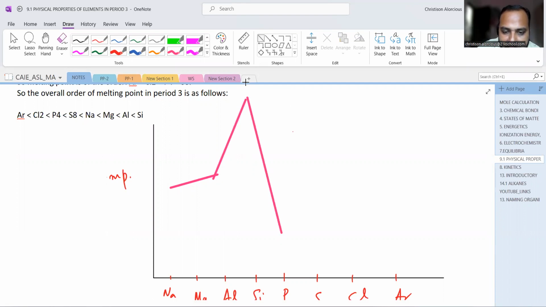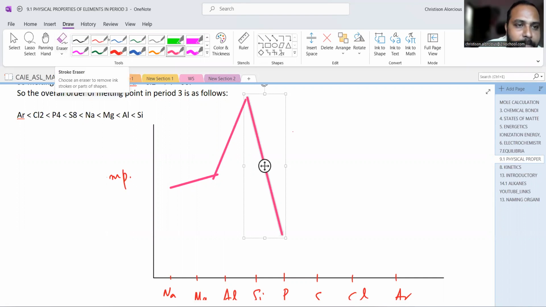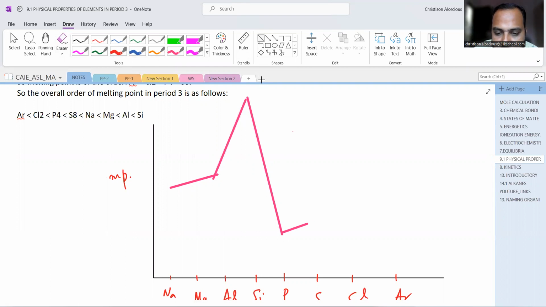Remember, phosphorus is way lower than sodium, so let's keep that in mind as well. From phosphorus to sulfur, there's a slight, ever so slight increase. And then it goes down pretty badly to chlorine, which is a gas at room temperature, and even more for argon. So this is the trend that we get.